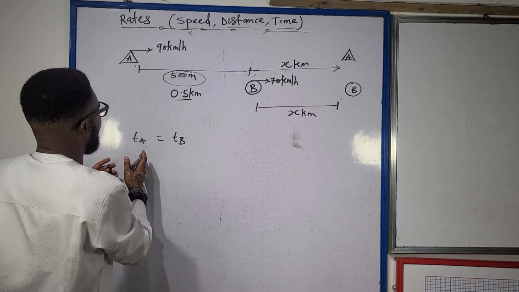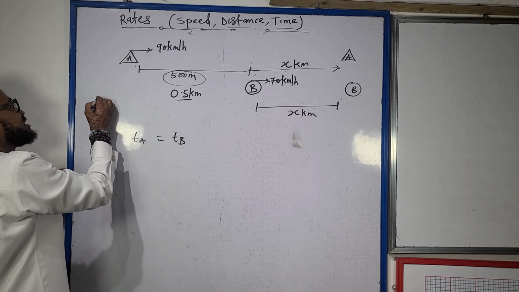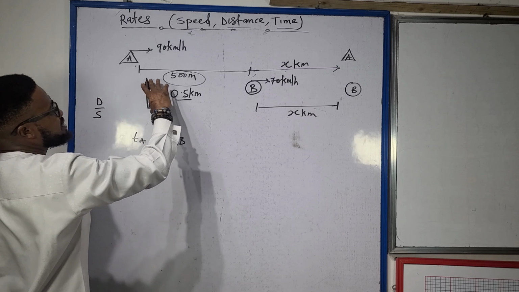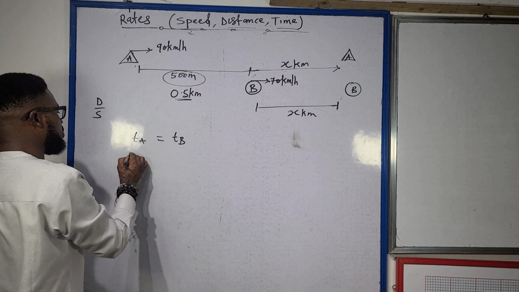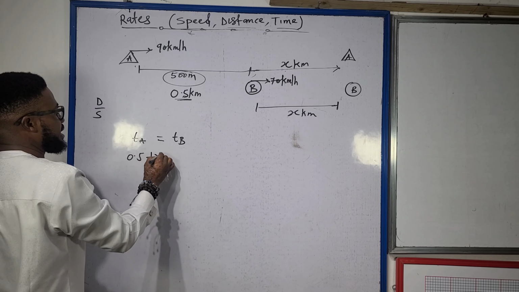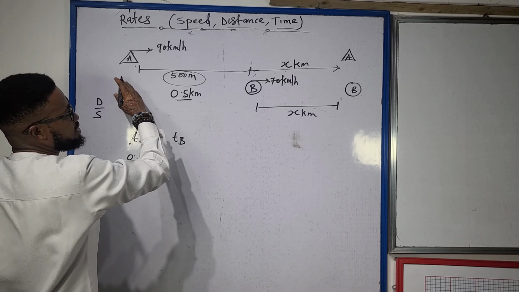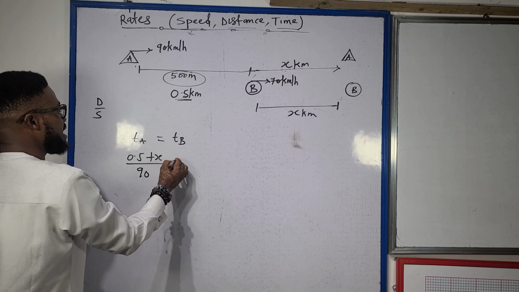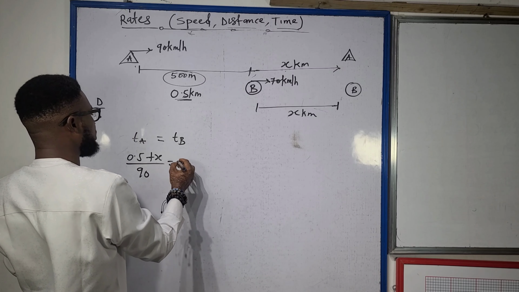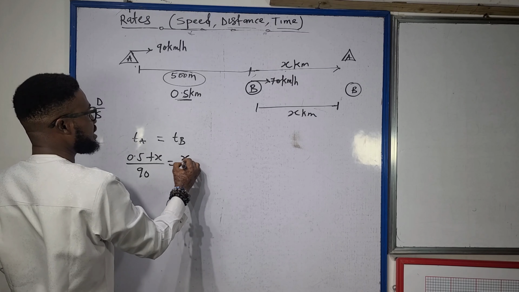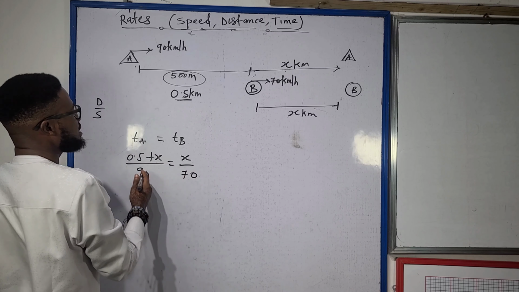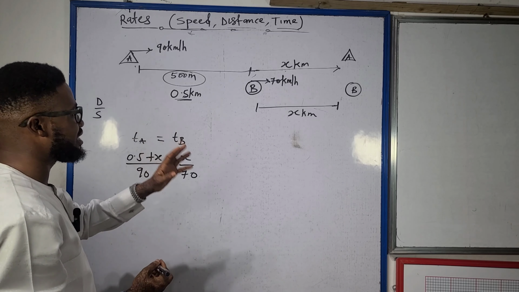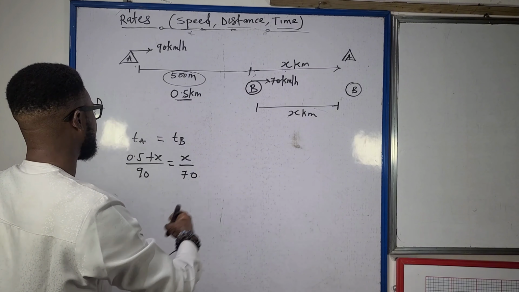So when we talk about timing for A, time is actually distance over speed. The distance that A will cover is 0.5 plus X. That's the distance, 0.5 plus X divided by the speed, 90. And then the timing for B is going to be X divided by 70. Solving this equation, we'll be able to get X, talking about the distance covered first.